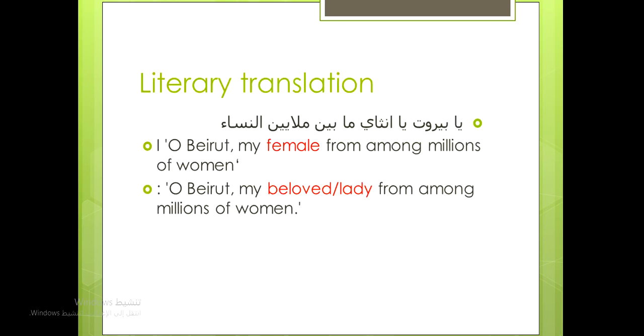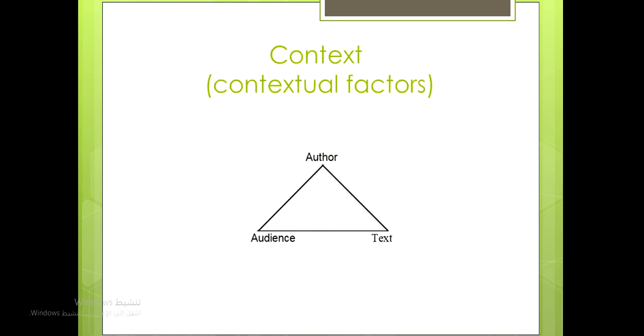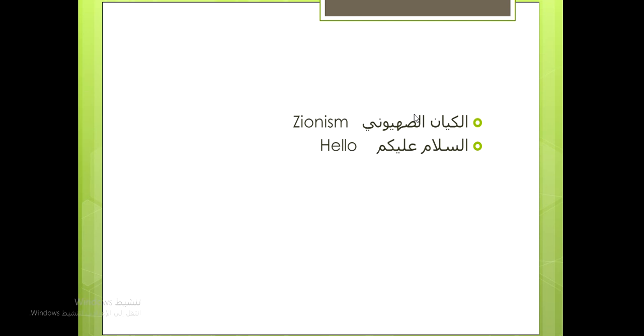For example, let me start with focusing on the audience or the target reader, الجمهور المترجم إليه. Now, when we translate the Arabic expression الكيان الصهيوني, this may cause serious problems related to the different connotations associated with Zionism in the Arab world and in the Western world.